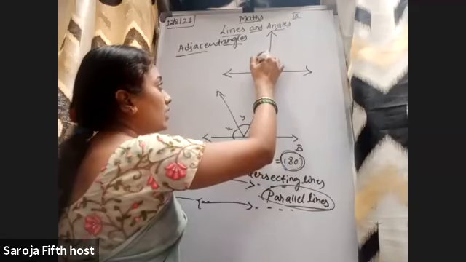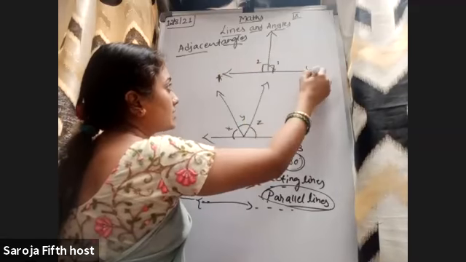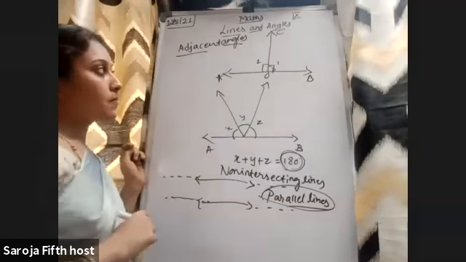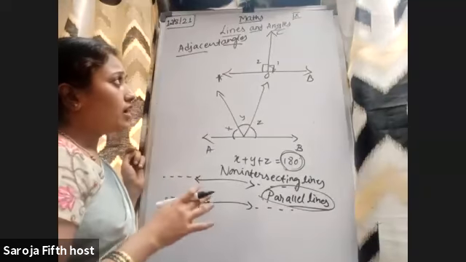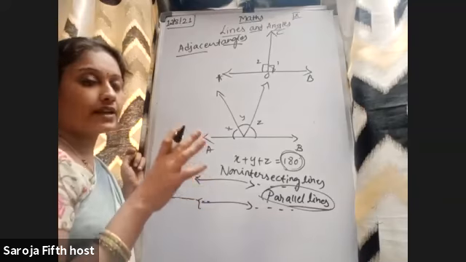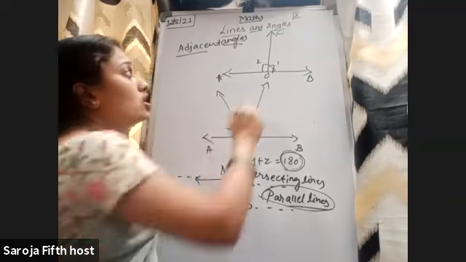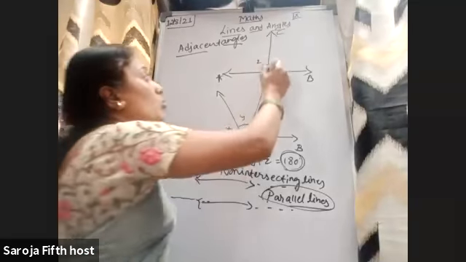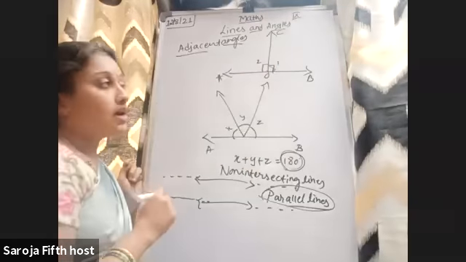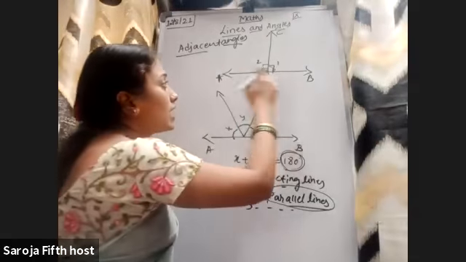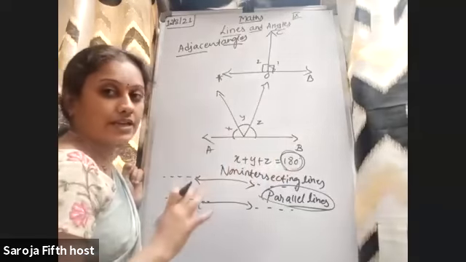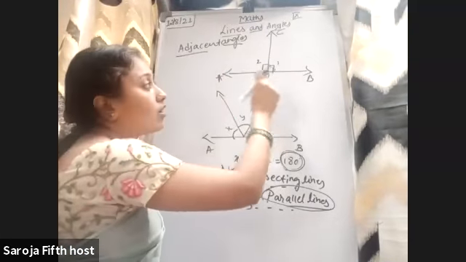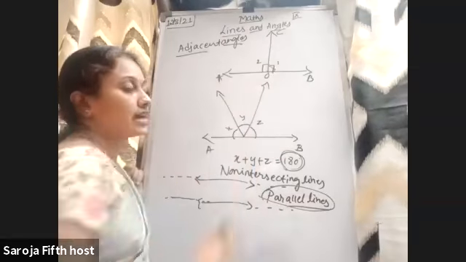Angle 1, angle 2, where AB is a straight line, OC is a ray standing on a straight line. Angle 1 and angle 2 are adjacent angles because O is a common vertex for them and OC is a common ray for them, and the remaining two arms of the angles, OA and OB, are opposite in direction. So we can call them adjacent angles.